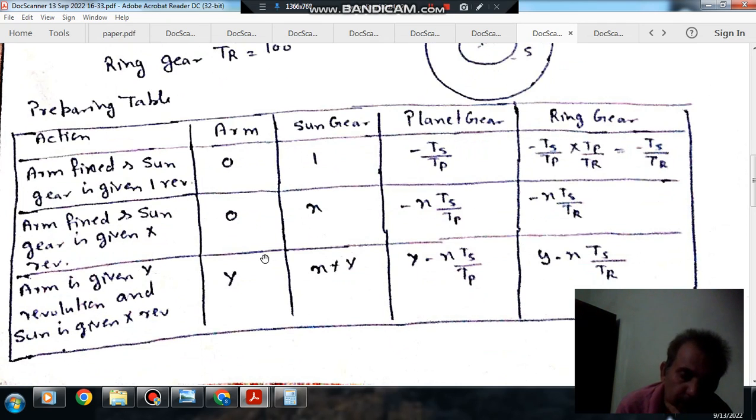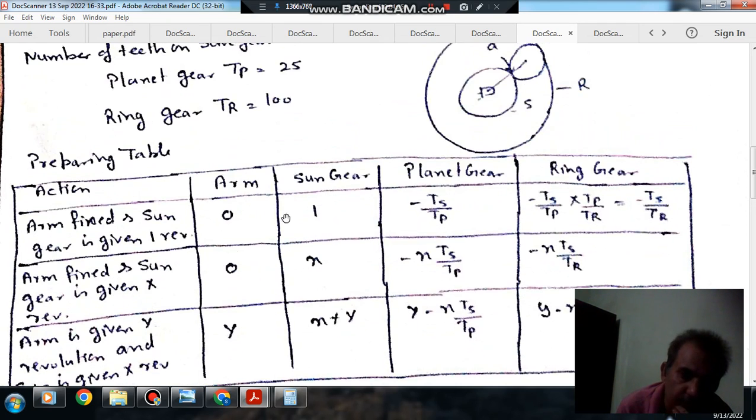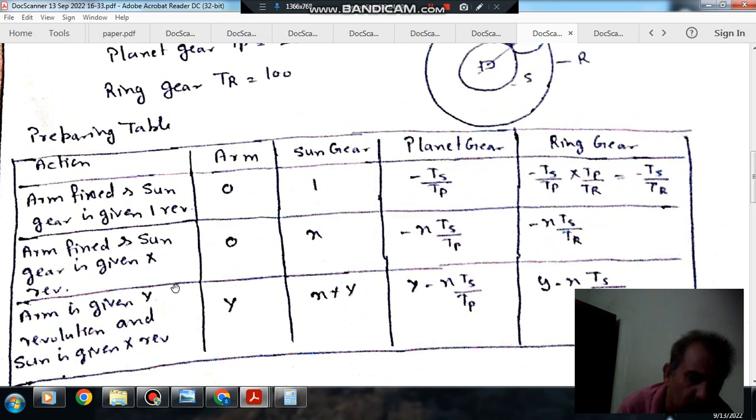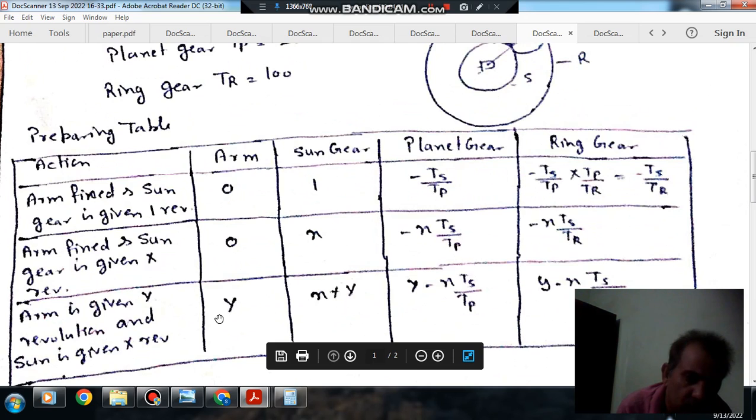Up till now the arm was fixed. Now the arm is also given Y revolutions. So the revolution of arm is Y, revolution of sun gear is X plus Y, revolution of planet gear is Y minus X TS by TP, and revolution of ring gear is Y minus X TS by TR.